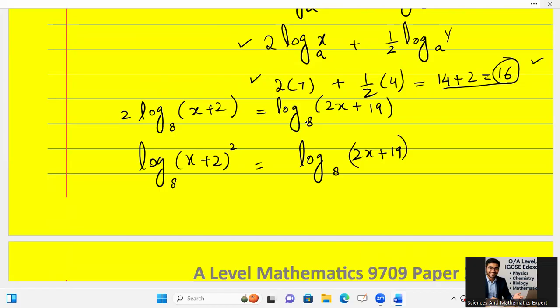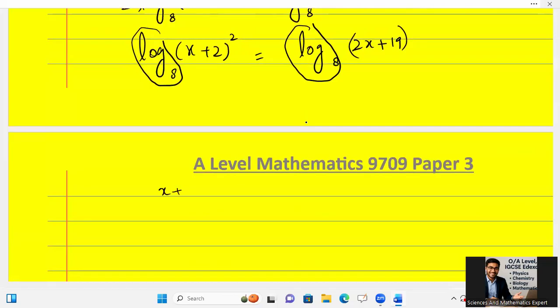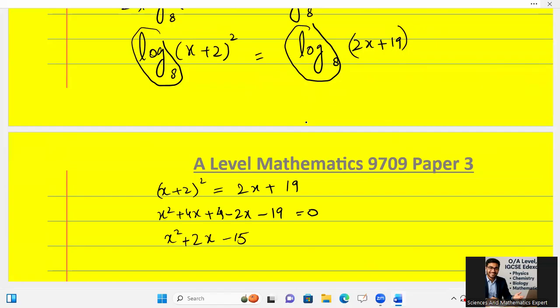Now, if the same thing is available on both sides, it means if I take anti-log on both sides, then log to the base 8 will be cancelled out, and I will have the expression x plus 2 whole square is equal to 2x plus 19. So x square plus 4x plus 4 minus 2x minus 19 is equal to 0, which gives x square plus 2x minus 15 equal to 0.